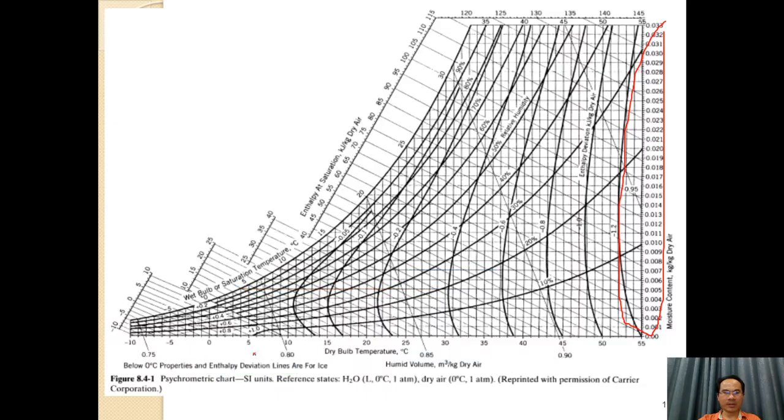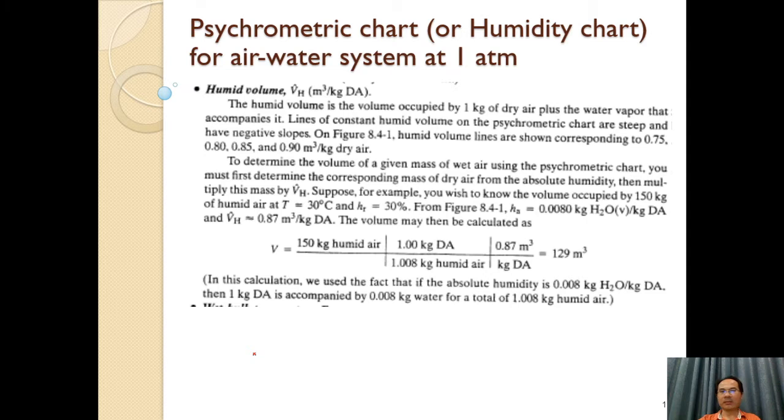Another one is humid volume. Humid volume is the volume occupied by 1 kilogram of dry air plus water vapor. That is in cubic meters per kilogram.